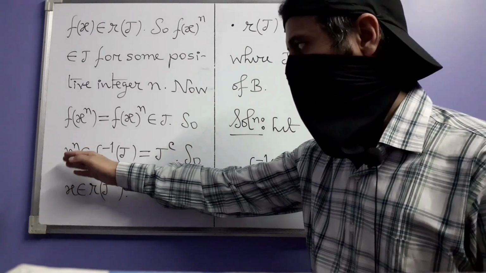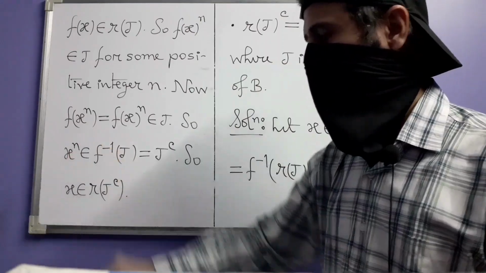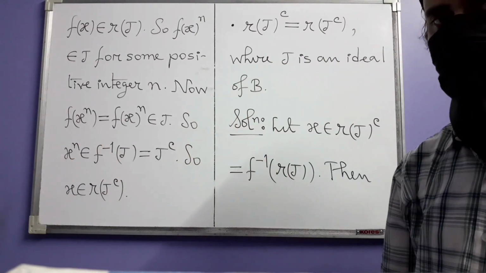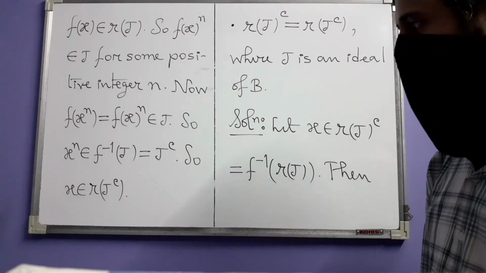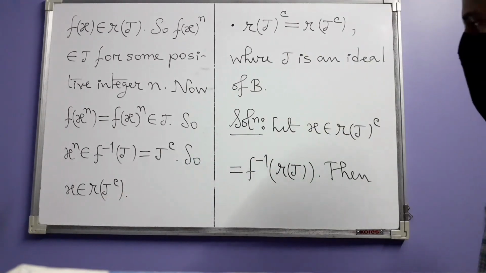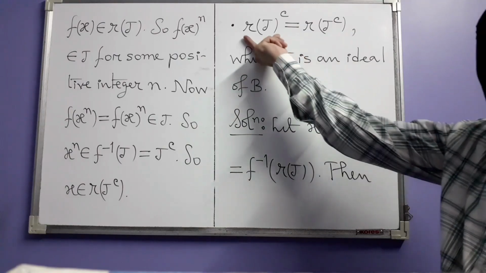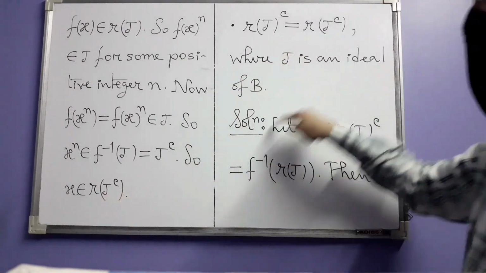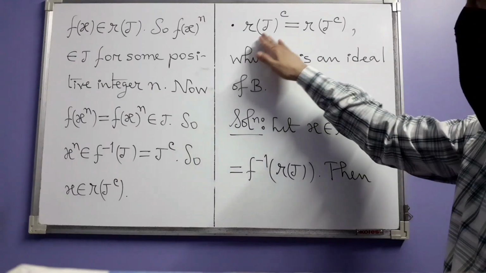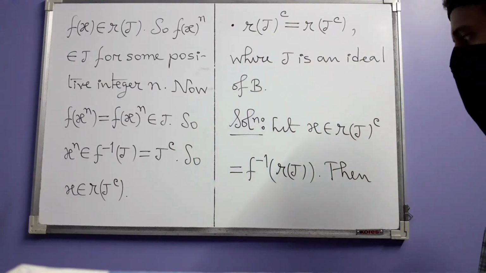But then some power of x, where the exponent is a positive integer, belongs to the ideal J contraction, and that's why x will belong to the radical of J contraction. So that way any element here is also here. So obviously the conclusion will be that this is a subset of this.